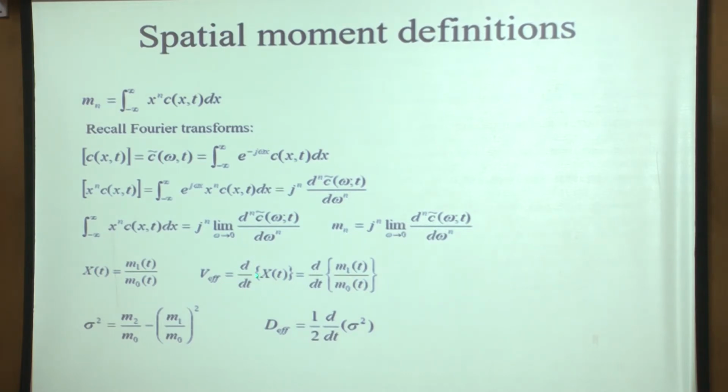How fast that centroid is moving as a function of time is our definition of effective velocity. Similarly, we can find the variance, or the normalized variance, and we said our effective dispersion is going to be half of the time derivative of how fast this variance changes. Okay, so this is what we talked about.